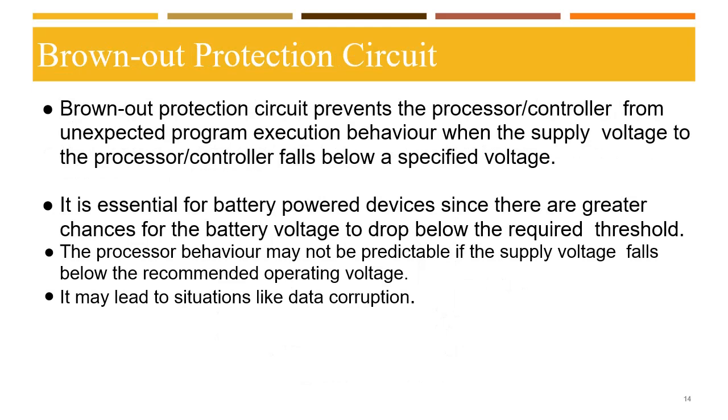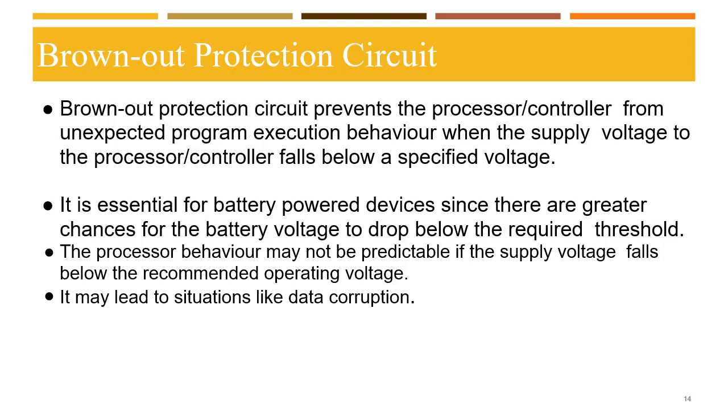The brownout protection circuit prevents the processor or controller from unexpected program execution behavior when the supply voltage falls below a specified voltage. It is essential mainly in battery operated devices, where the battery voltage may drop below the required threshold.